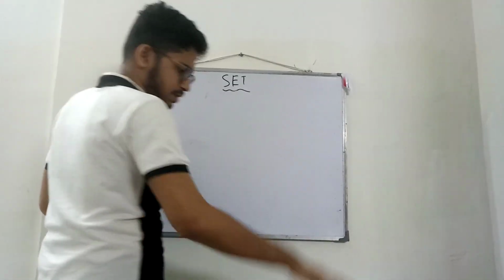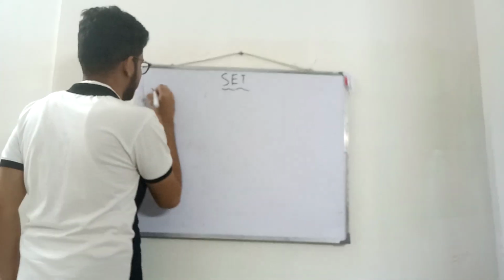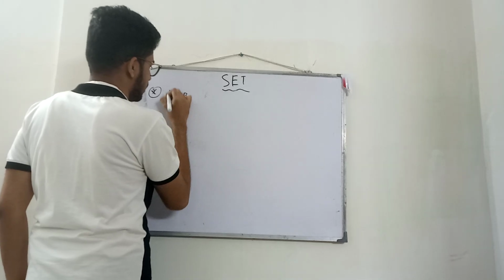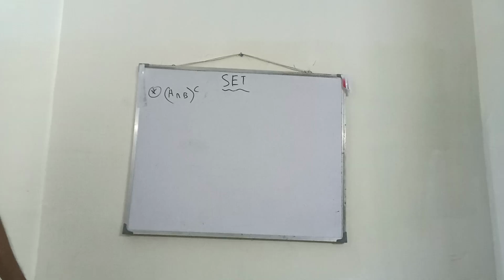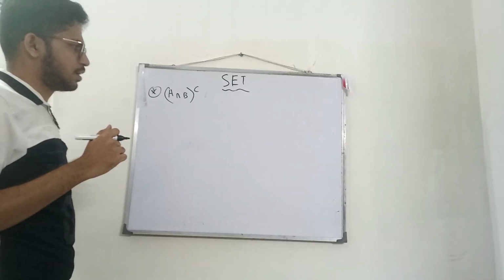Now suppose somewhere it is written A intersection B with C. C denotes what? C denotes complement.